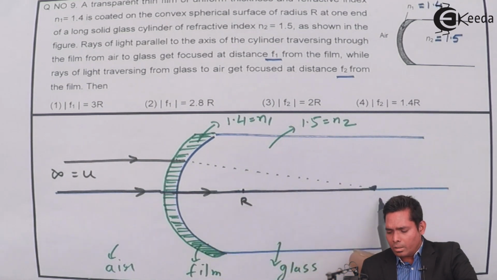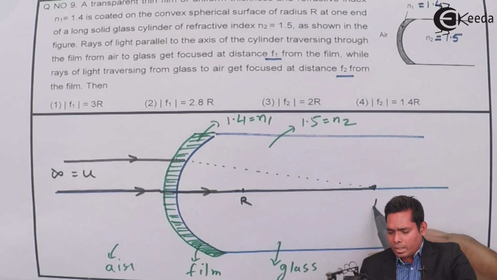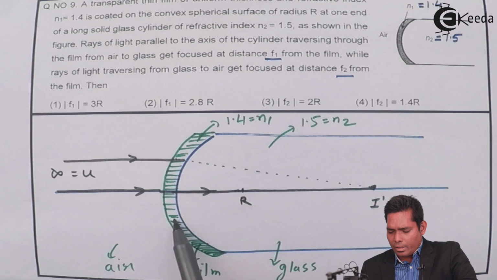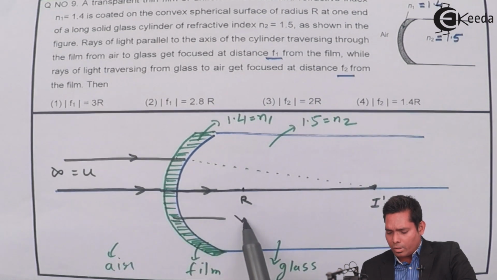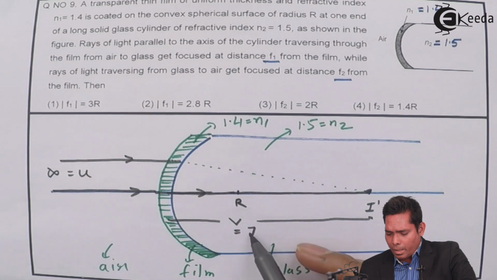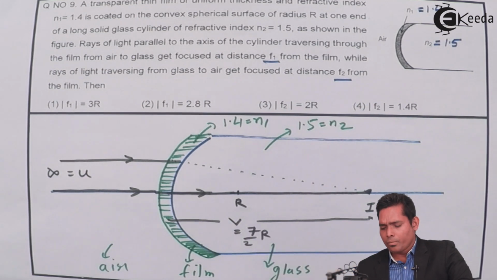This would have been the image, I'll call it I dash, a point image obviously, but this is not the final image, and that we have calculated here as v, which we got as 7 by 2r.